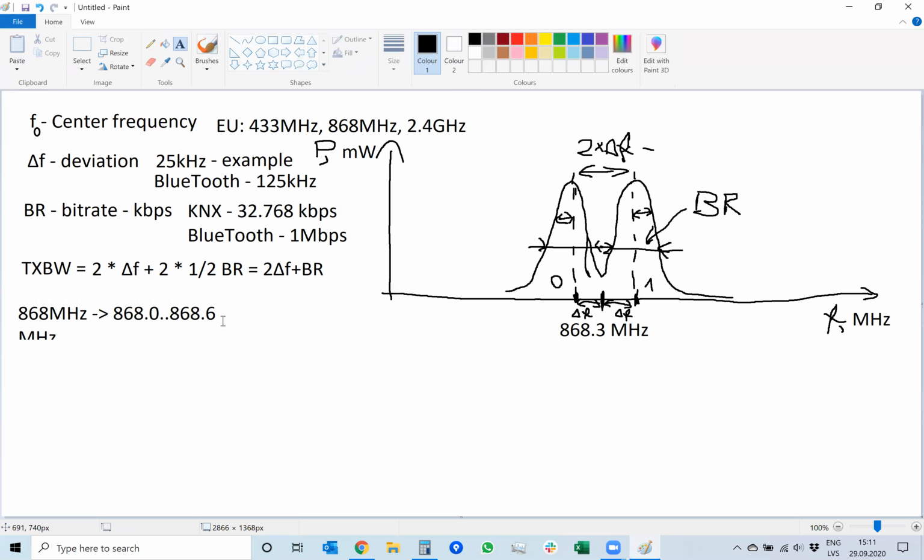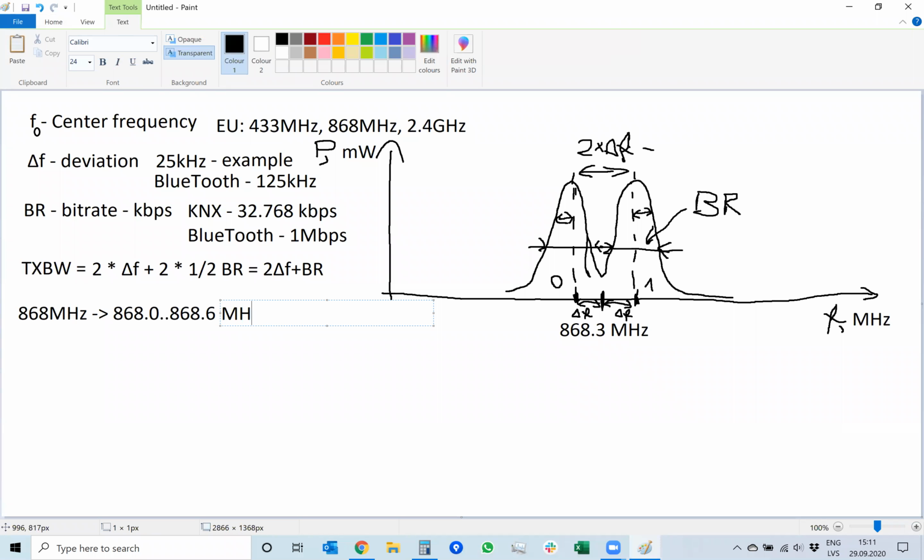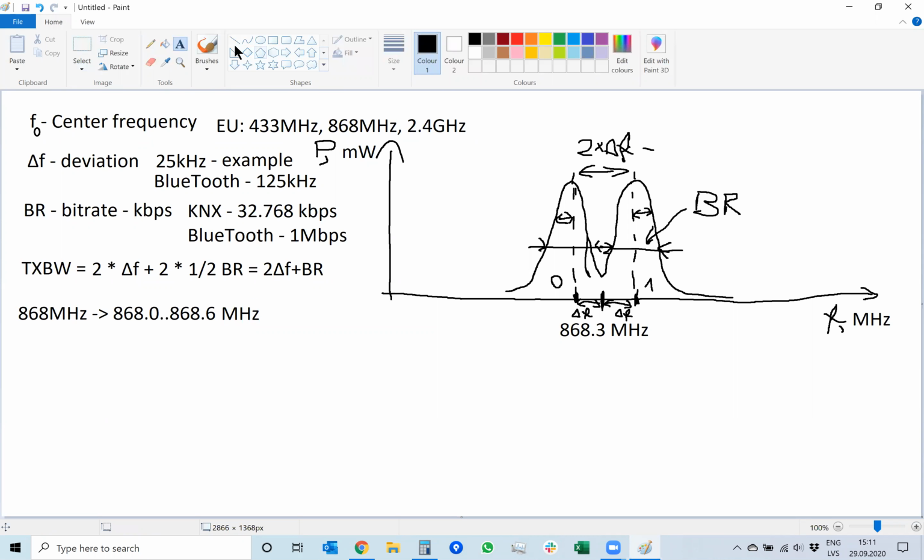So actually you can transmit in this range in European Union from 868 to 868.6 megahertz. So you need to make sure that the entire width of your signal does not go outside of this band.